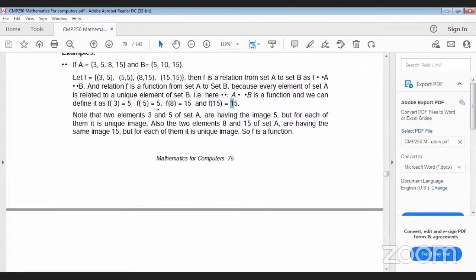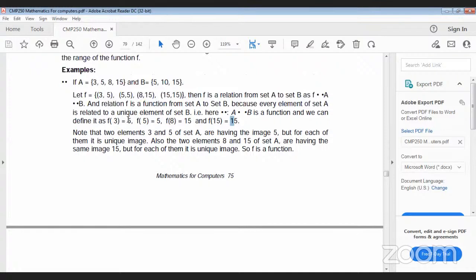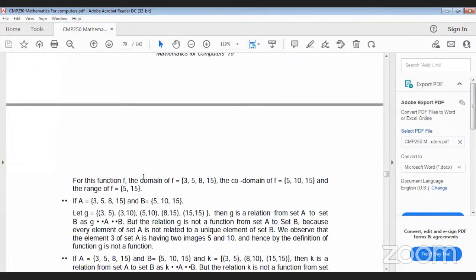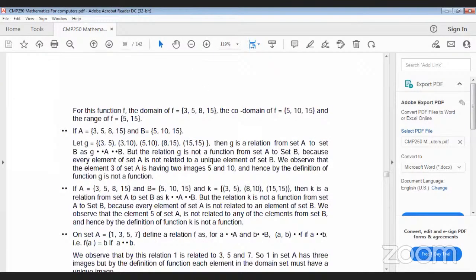Now your range will be what? The images which you have gotten. So images are either 5 or 15, and those become your range. This will be your codomain and this will be your domain. Domain is the same, codomain is the whole set, but range differs. Whatever images you get in the B part, only those you have to take. Understood?